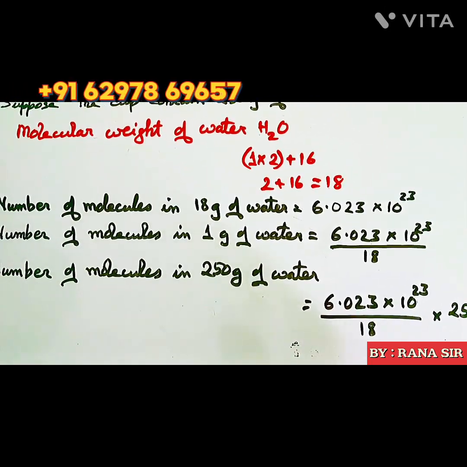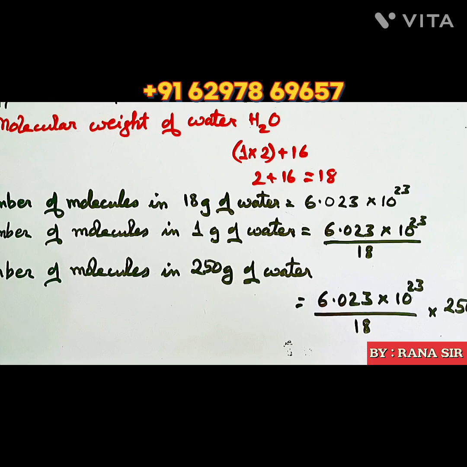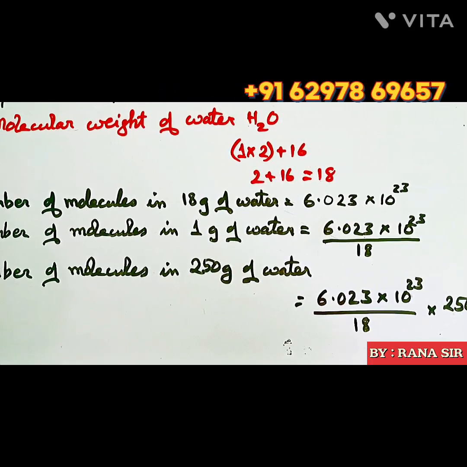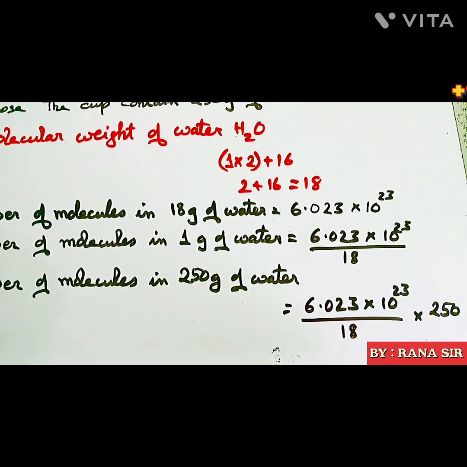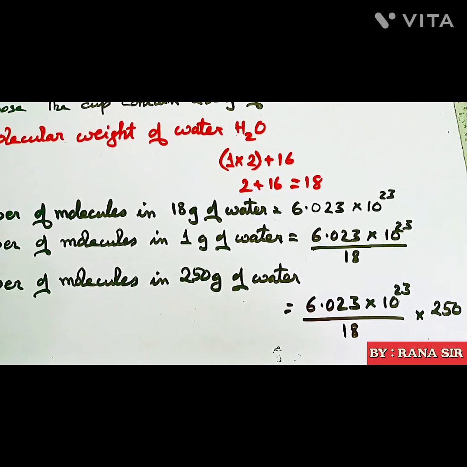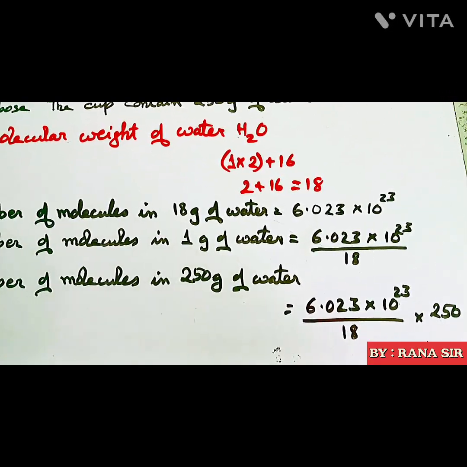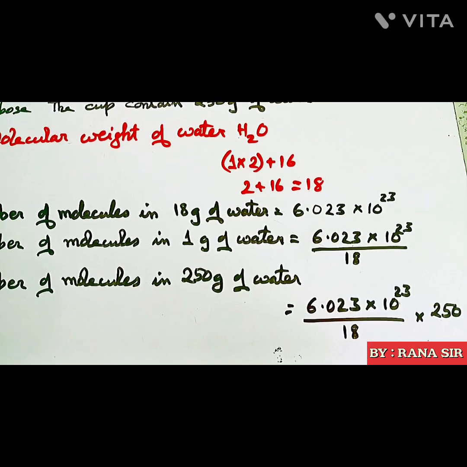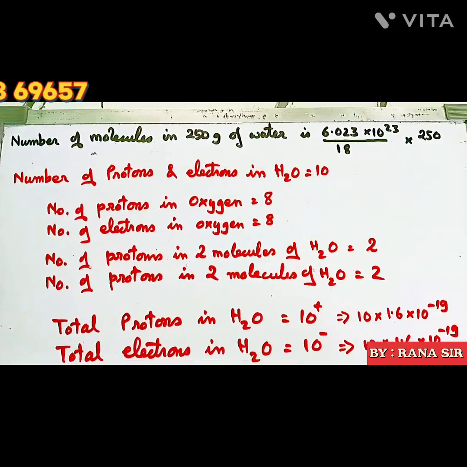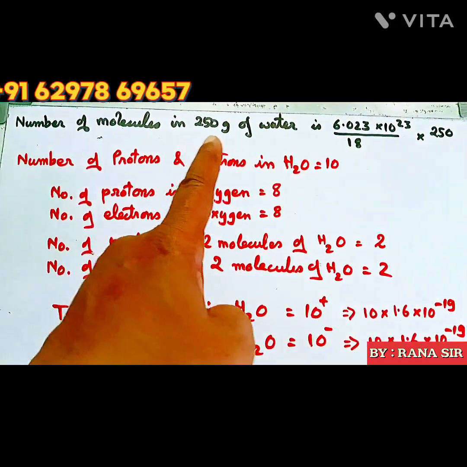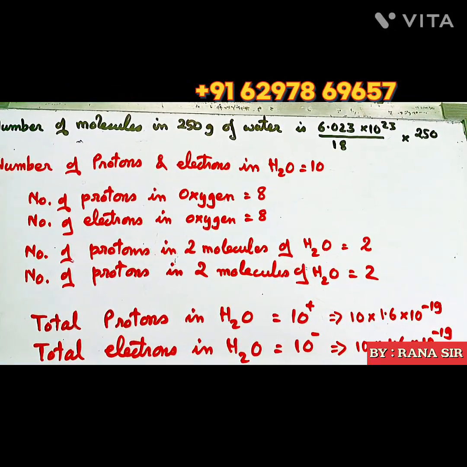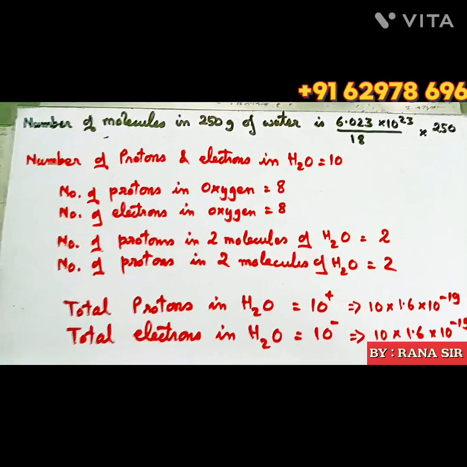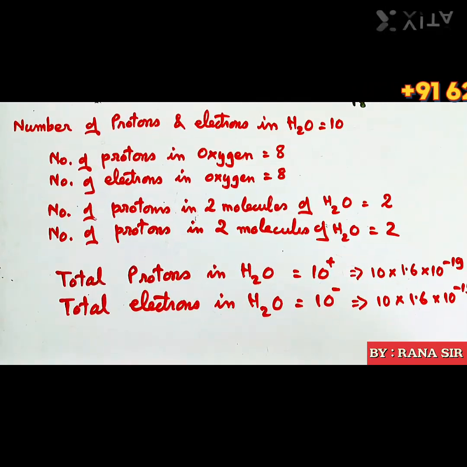We park this total number of molecules. But the question is to find out the charge. So we park it here and proceed with another understanding. Fair enough. Now we are going to charge.